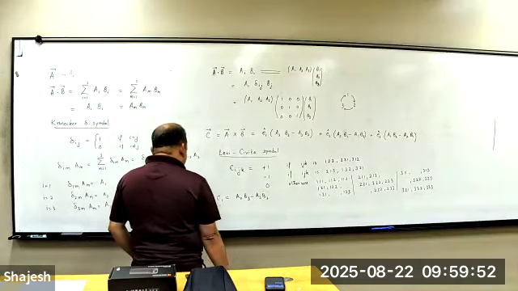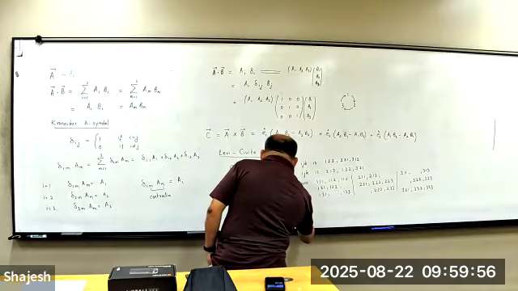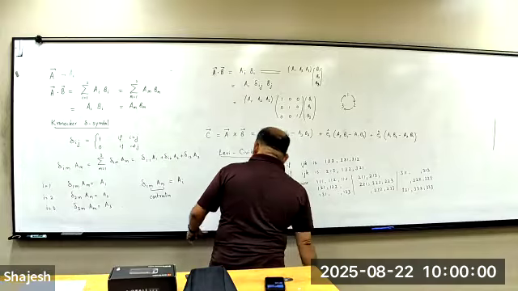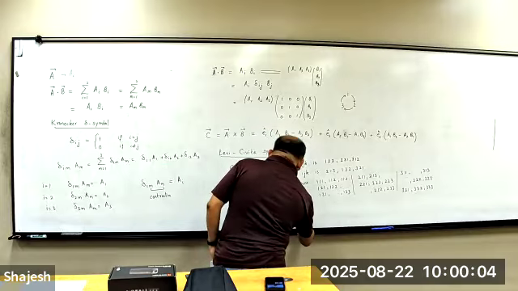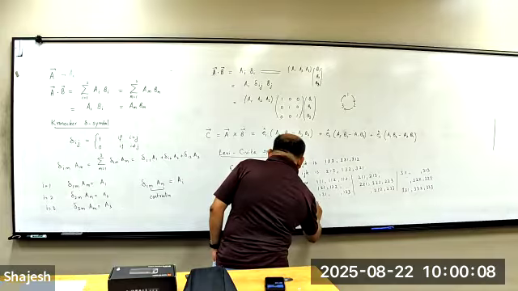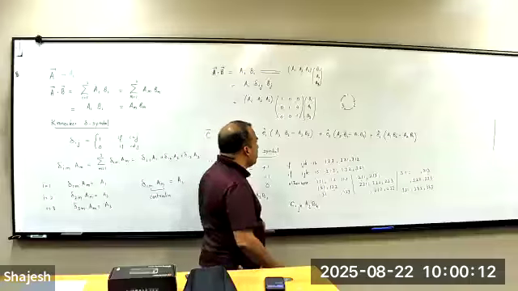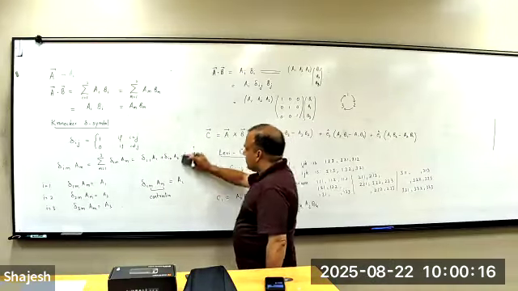I propose that this is actually equal to epsilon 1jk aj bk. This is index notation now. It's good to practice it. So let's use this.